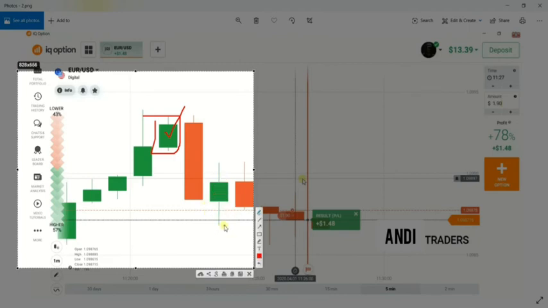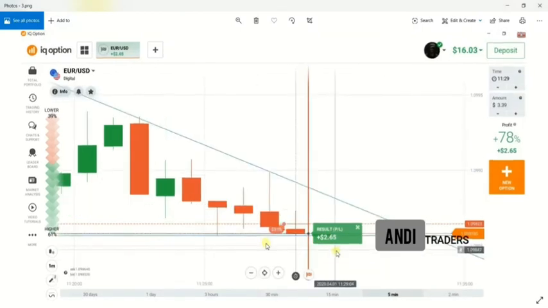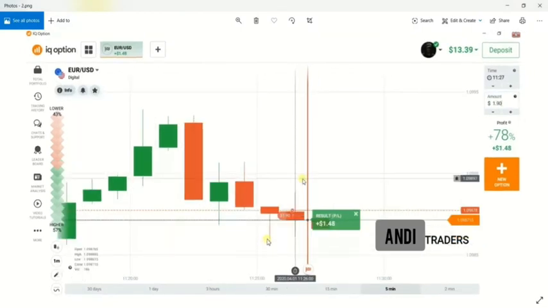It shows us the sellers are here, and the sellers went to this level, and buyers entered from this level. So if we don't have any support level here, we can consider that the sellers are strong, and the sellers will again go down. So that is about new low and new high.